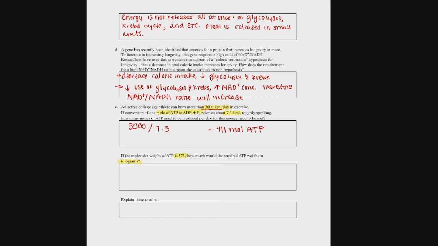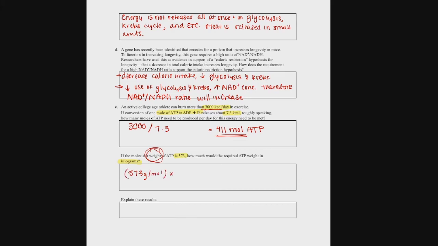So in this one, this is just asking us to convert, to ask how much weight is in this many moles. So the weight of ATP is 573 grams per mole.